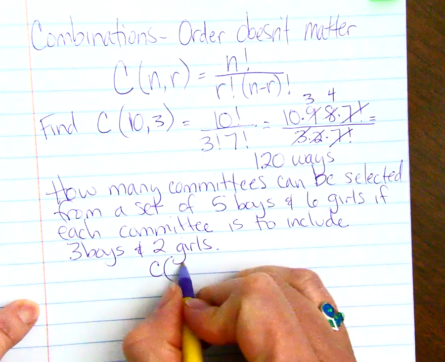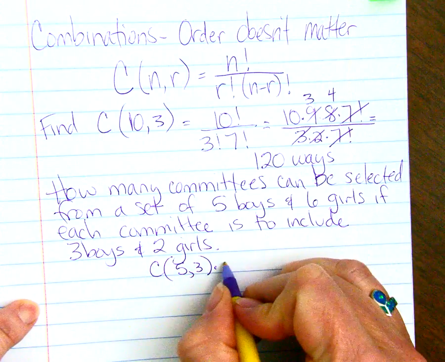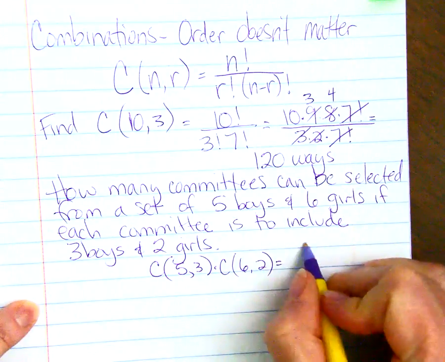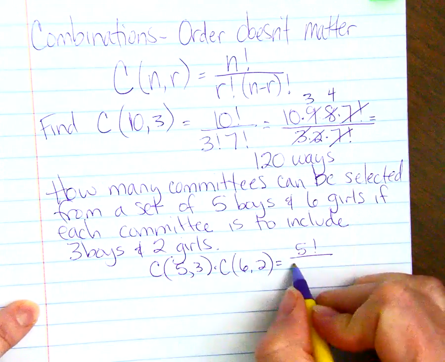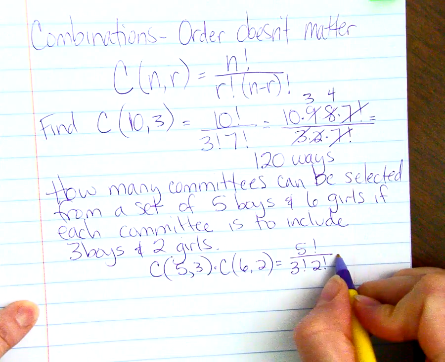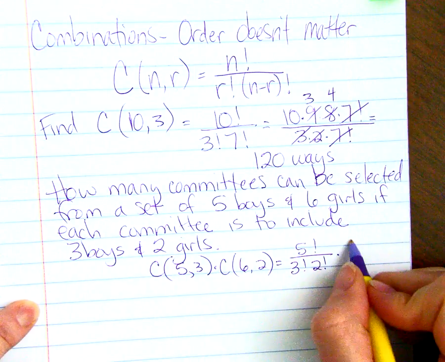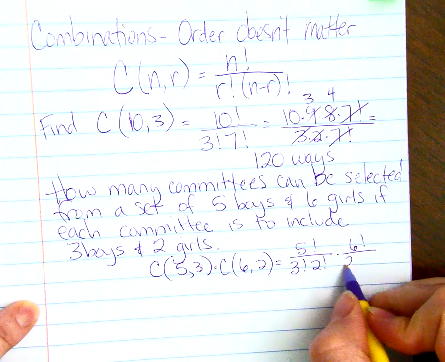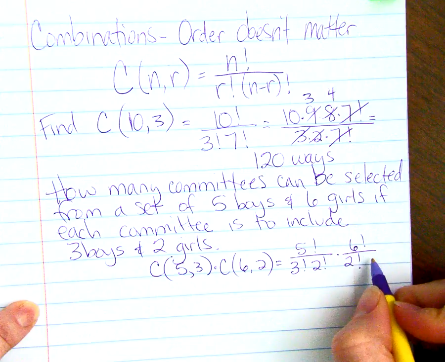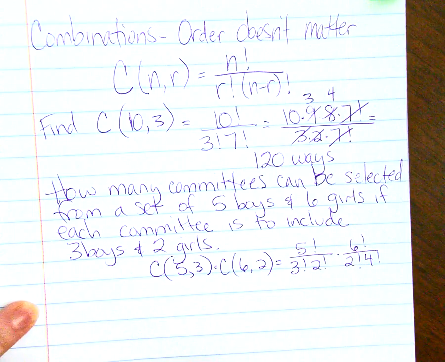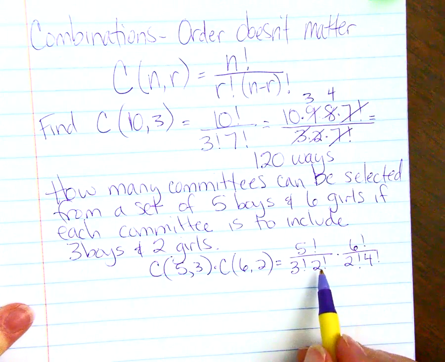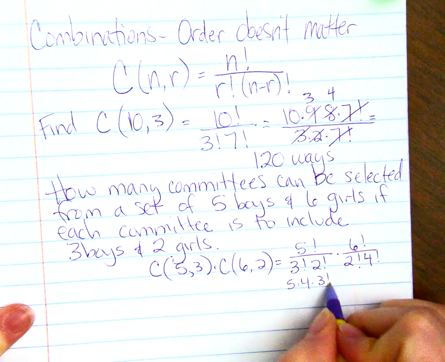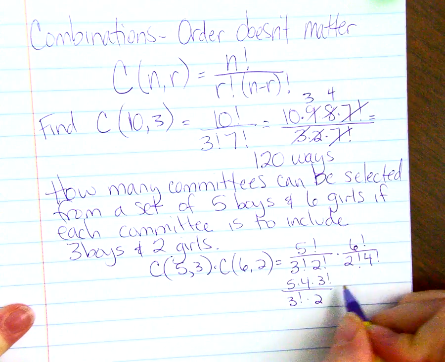So we're going to do the combination of 5 choose 3 times the combination of 6 choose 2. And then we just use the formula. So we have 5 factorial over 3 factorial times 2 factorial. Then we multiply that by 6 factorial over 2 factorial times 6 minus 2, 4 factorial. So I'm going to do 5, 4 times 3 factorial divided by 3 factorial times 2.